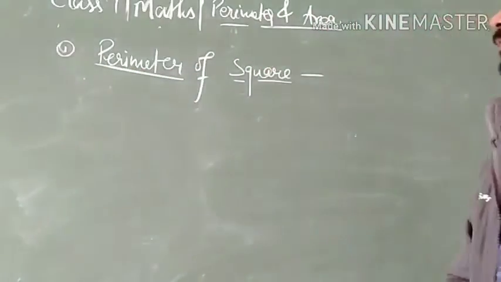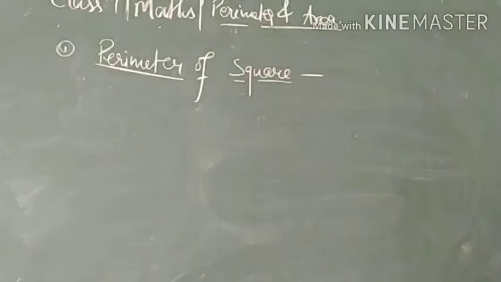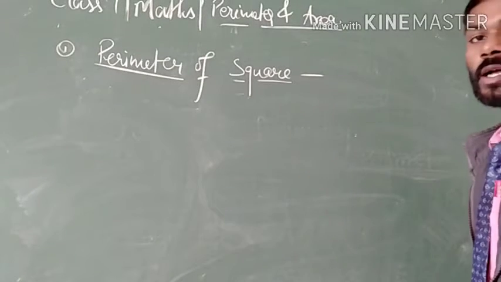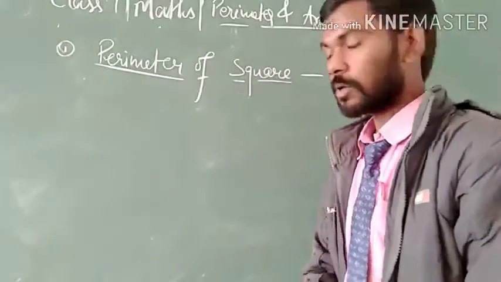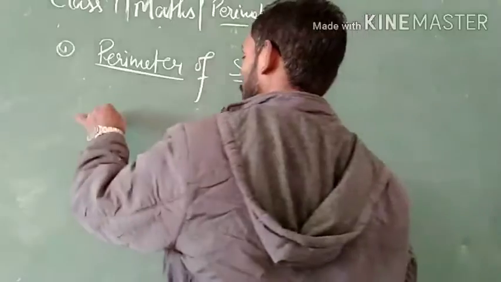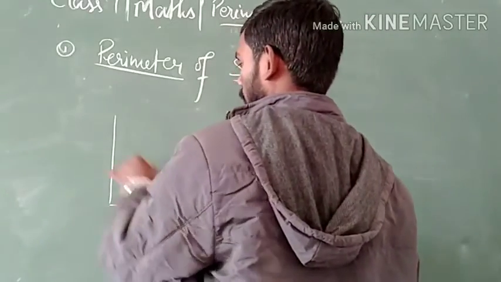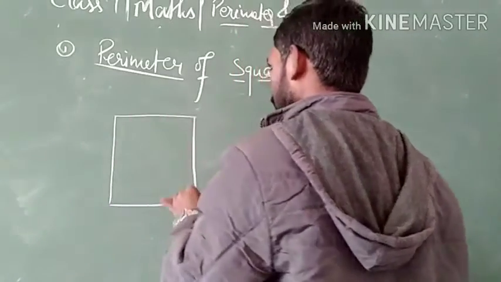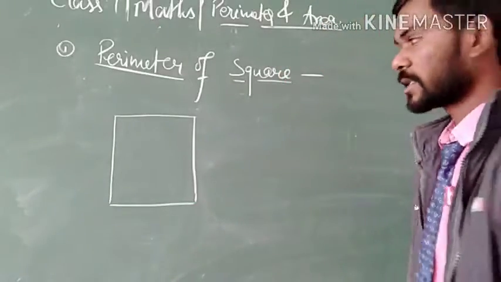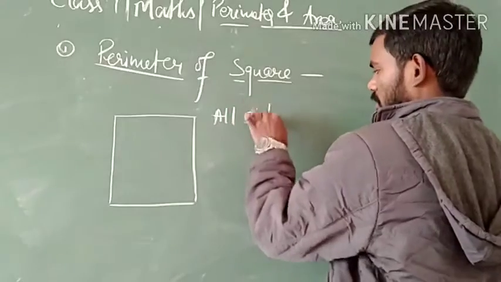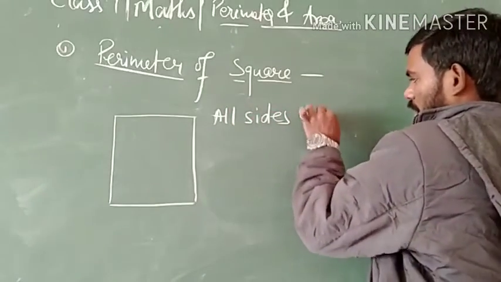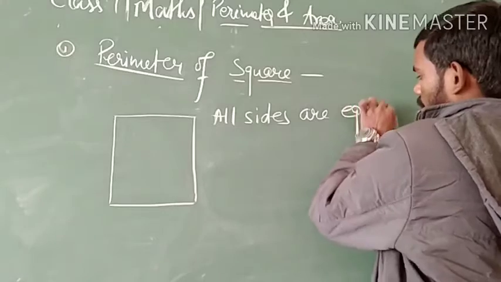In order to derive the formula for the perimeter of a square, first of all we have to know how a square looks. When we draw a square, we can see that all the sides are equal.